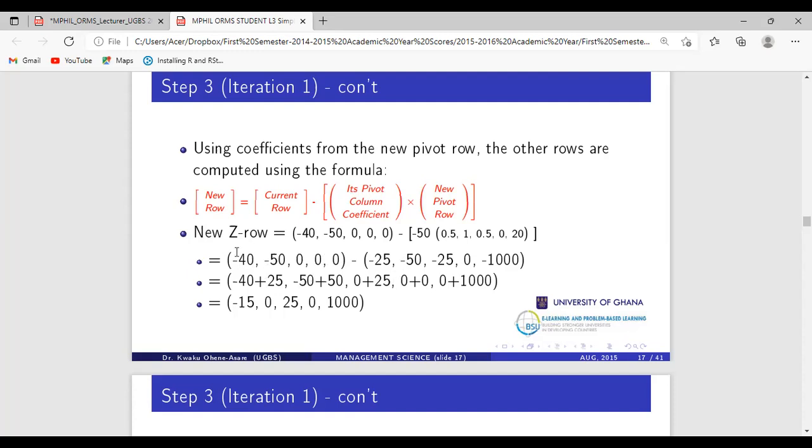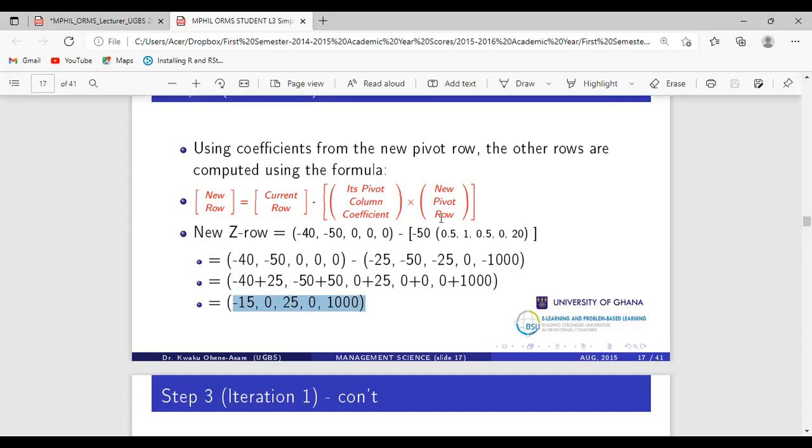So by the time you finish with this computation, you would have the values for all the cells on that row. So you realize that here we have -15, we have 0, we have 25, we have 0, and then we have 1,000. So we'll use that to now fill Excel.